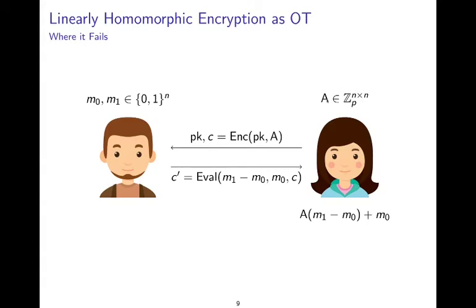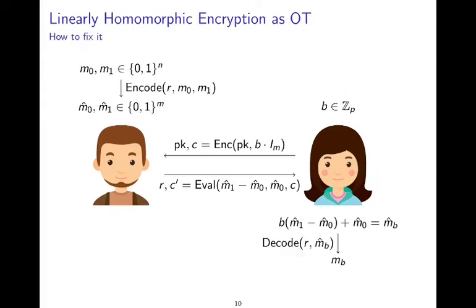Now, we can stop this by using algebraic restriction codes. We simply modify the protocol by first encoding m0 and m1 to m0 hat and m1 hat. Then, if the receiver encrypts the matrix B times identity matrix, and the evaluator evaluates the function multiplying by m1 hat minus m0 hat and adding m0 hat, the receiver learns mb hat and can decode it using the randomness R to mb.